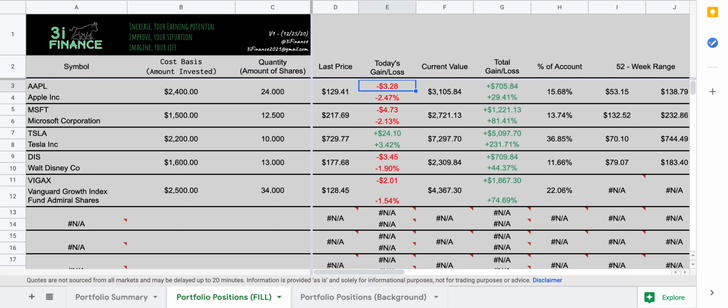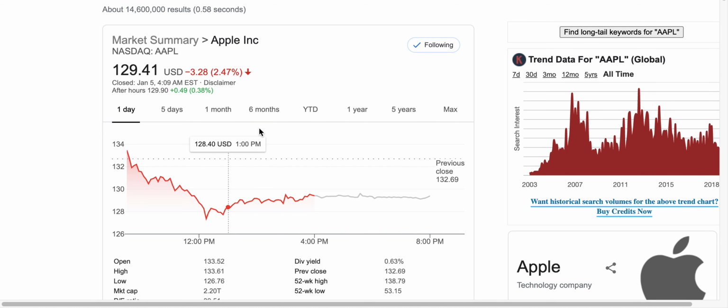And the loss that Apple took today, or earlier today, was $3.28, and a loss of 2.47%.